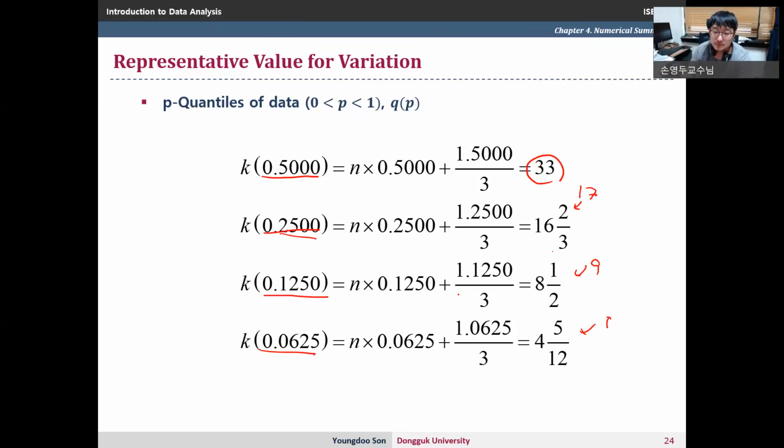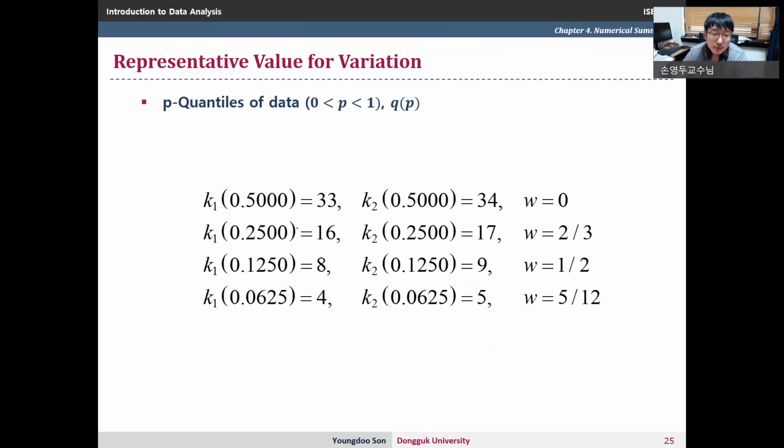Okay. Because this is an integer, we do not need to apply any weights here. We can just use x33 as the median. However, for the remaining three, we need to interpolate.